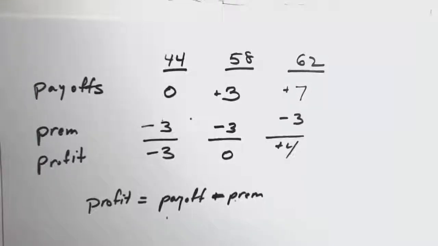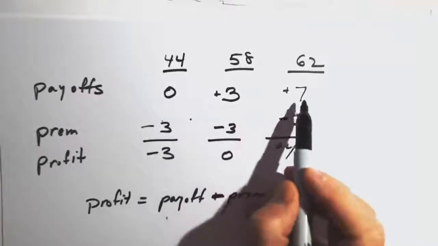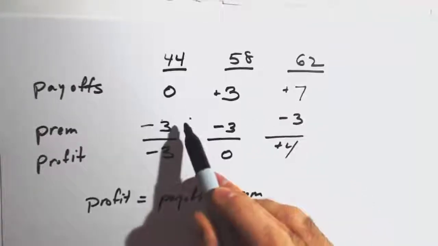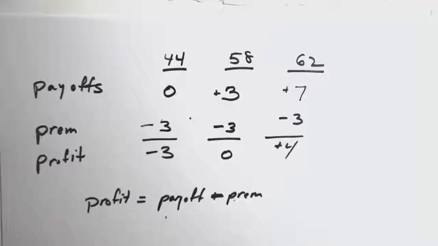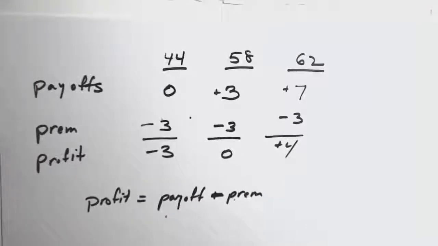You multiply the profits and payoffs per share times the number of options you have. That saves you a whole lot of time. Instead of multiplying everything by 100 at each step, you do it all at the end. It saves you aggravation and reduces your chances of making an error.